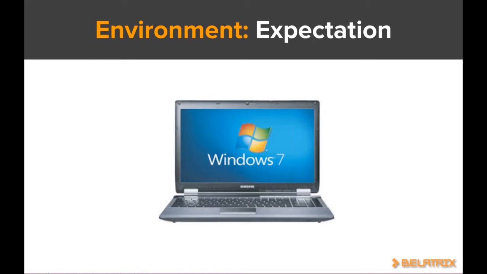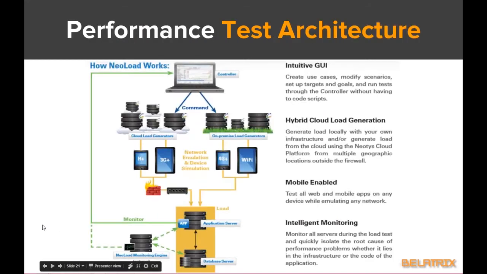Okay. Now that we know the environment has to be the most similar to production, we need to define our performance test architecture. It's very important to know that because, as with other tests, we need to make our own architecture to run our performance testing.